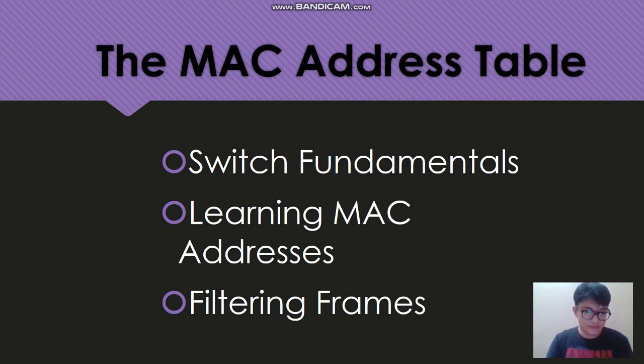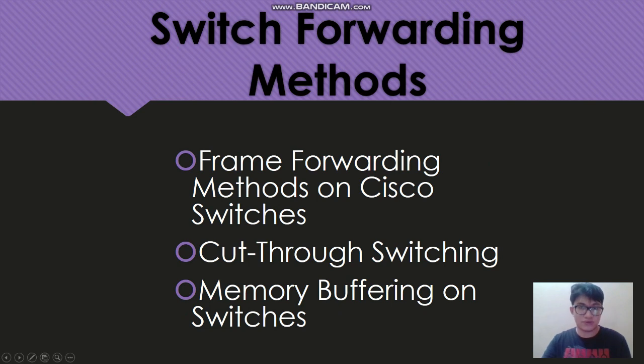As the switch receives frames from different devices, it is able to populate its MAC address table by examining the source MAC address of every frame. When the switch MAC address table contains the destination MAC address, it is able to filter the frame and forward it out a single port.